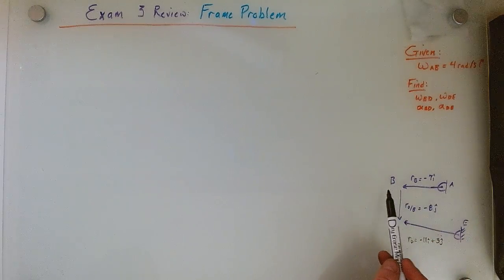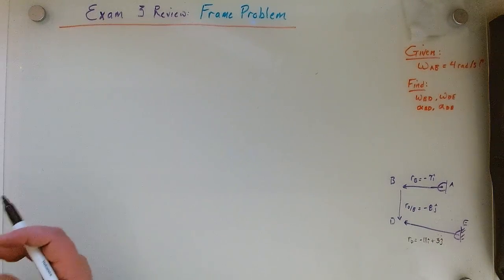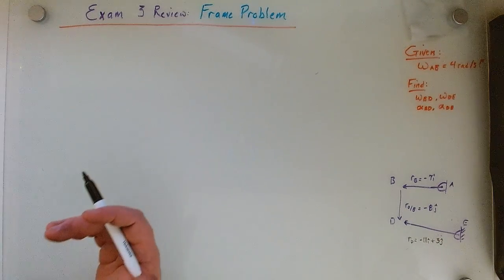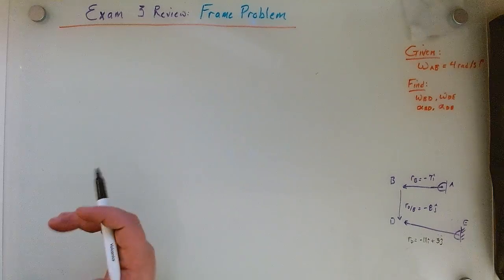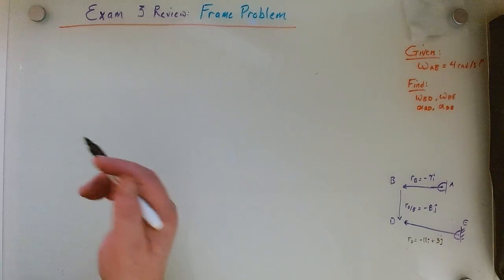We can use that to get velocity B. Then we can come at the velocity of D from 2 different directions, which will allow us to solve for the components. That involves all the same steps as doing this, right?